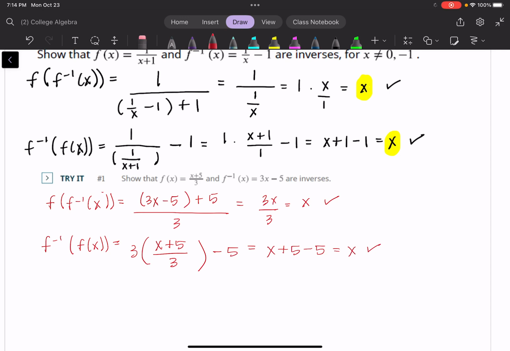Because f of f inverse equals x, which also equals f inverse of f, we can say that f and f inverse are inverses. Okay, and we're all done.